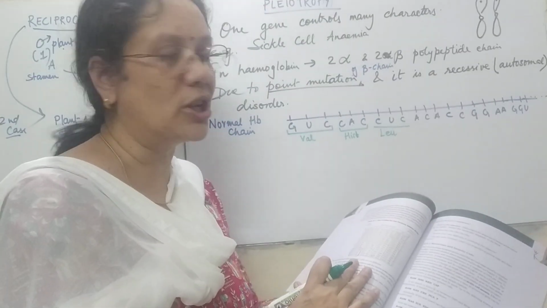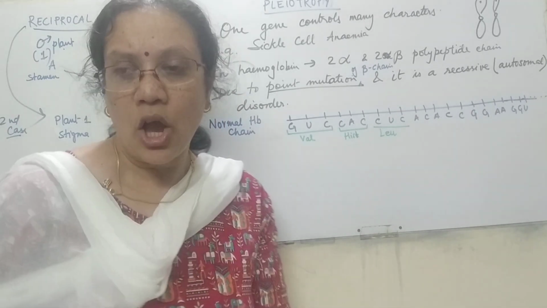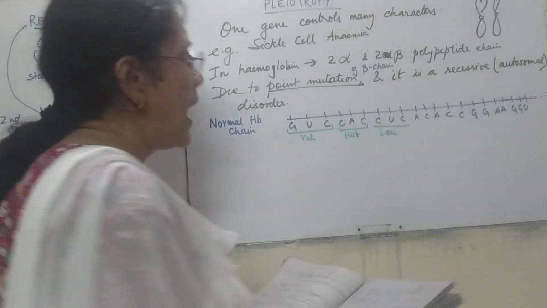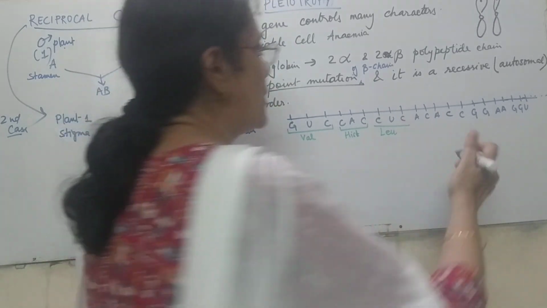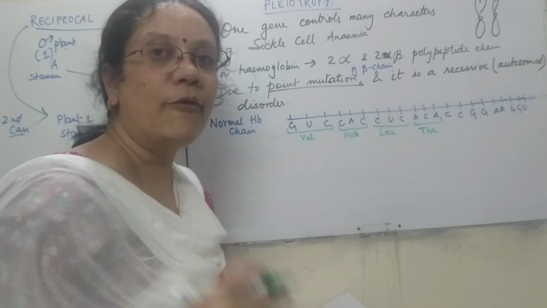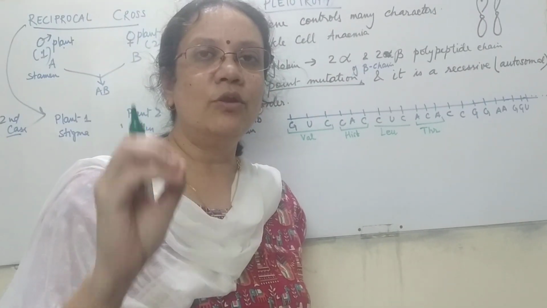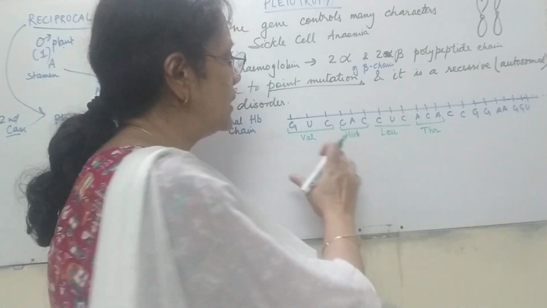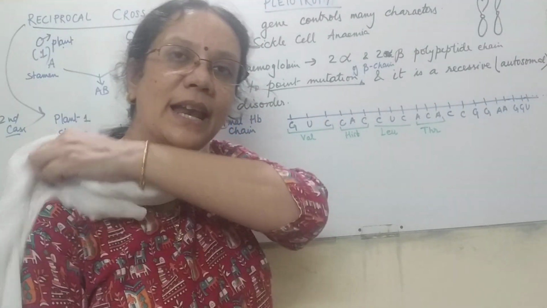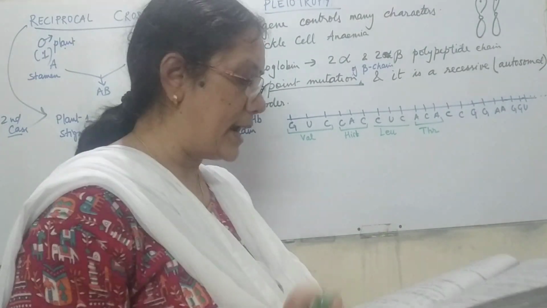It is clearly mentioned here. So from here I have taken and I am writing here. This stands for leucine, and the next one is threonine, THR. If you are unable to understand the names of the amino acids, you can Google them and find out the full name, because only the first 3 letters are written.